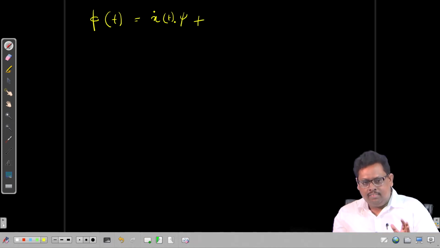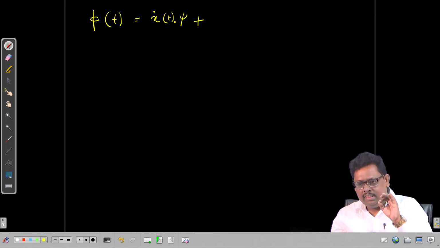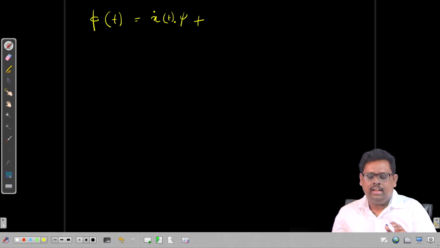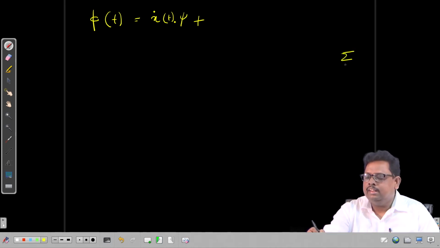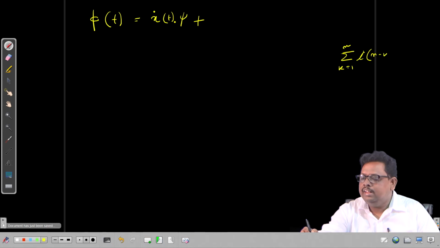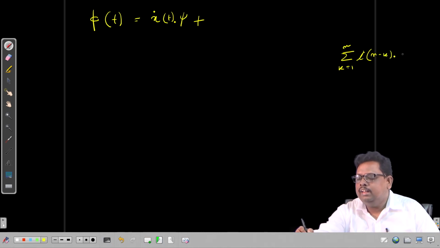For the discrete case, the memory effect starts from k equal to 1, the summation of chi n minus k multiplied by V k into delta t.